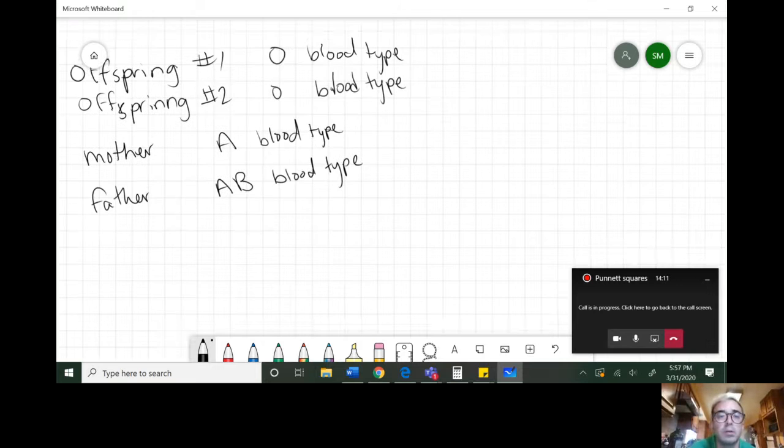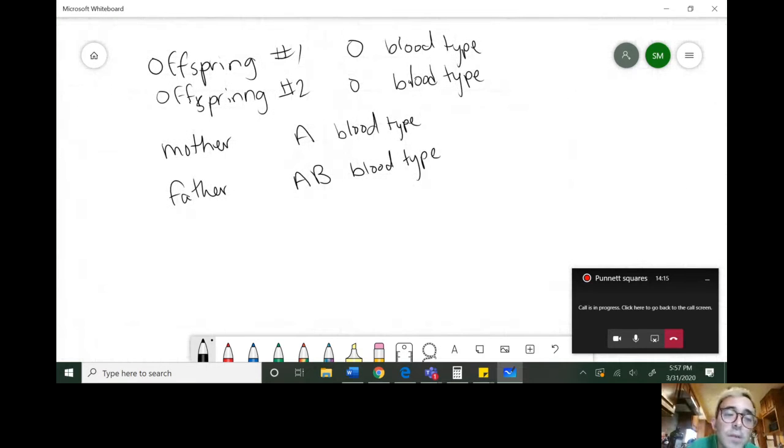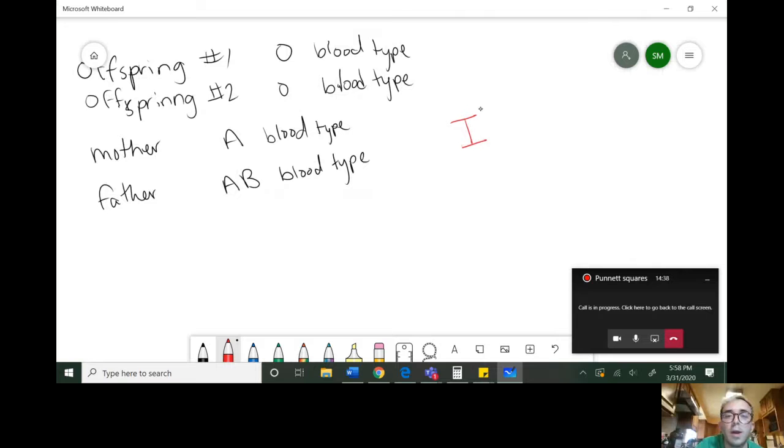Well, to figure this out, we have to first figure out what kind of children the father and mother can produce. We know there are 4 different types of blood types. We like to say I for blood. For dominant, we have 2 different types of dominant genes, the A and B. And then our O blood type is actually a recessive gene, and we use lowercase because it's recessive.